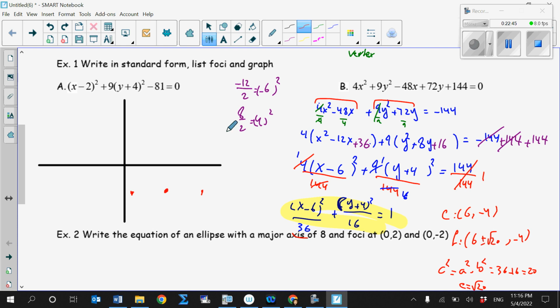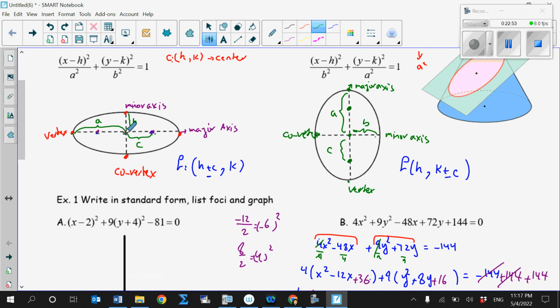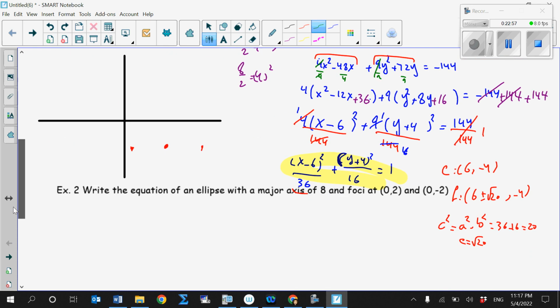Now, what are the vertex points? Vertex, as you see here, is the center plus or minus the a value. What is the a value? It's 6, because a squared is 36. That means a is 6.